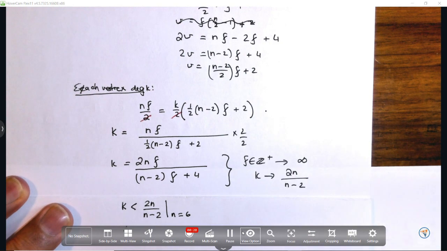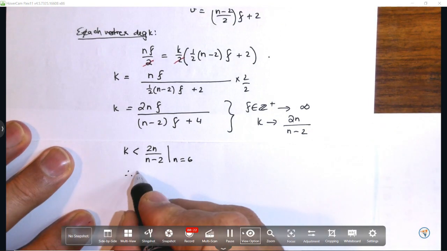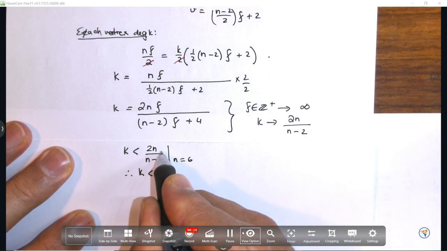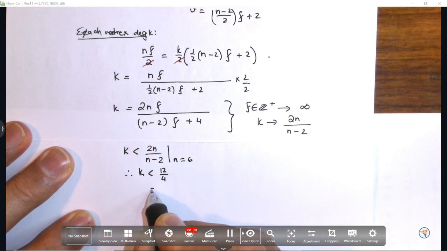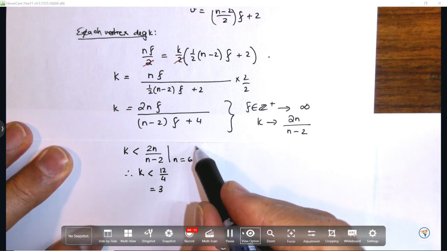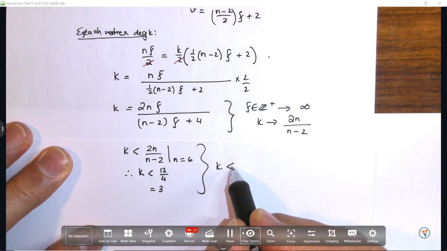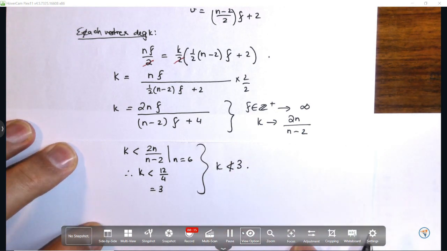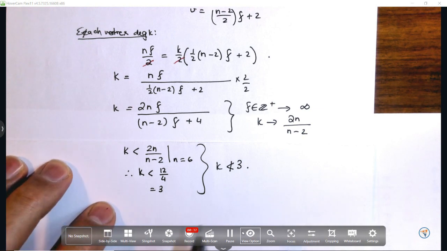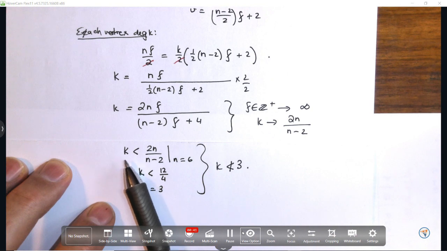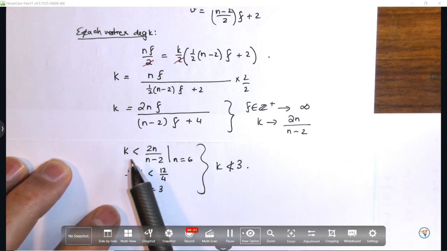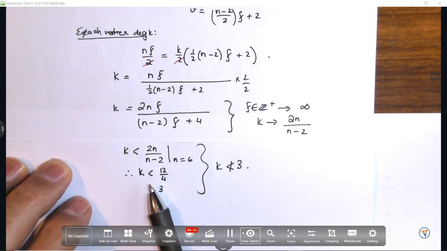It would mean that our k value must be smaller than 2 times 6 is 12 over 4, which is equal to 3. But now k cannot be smaller than 3, which means the more that we increase the number n, the lower this limit is going to be.